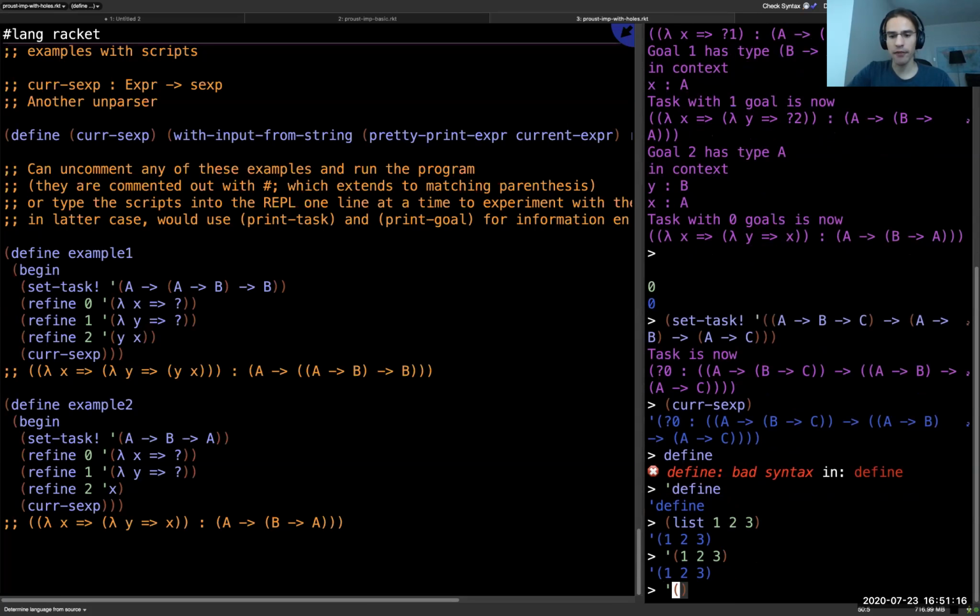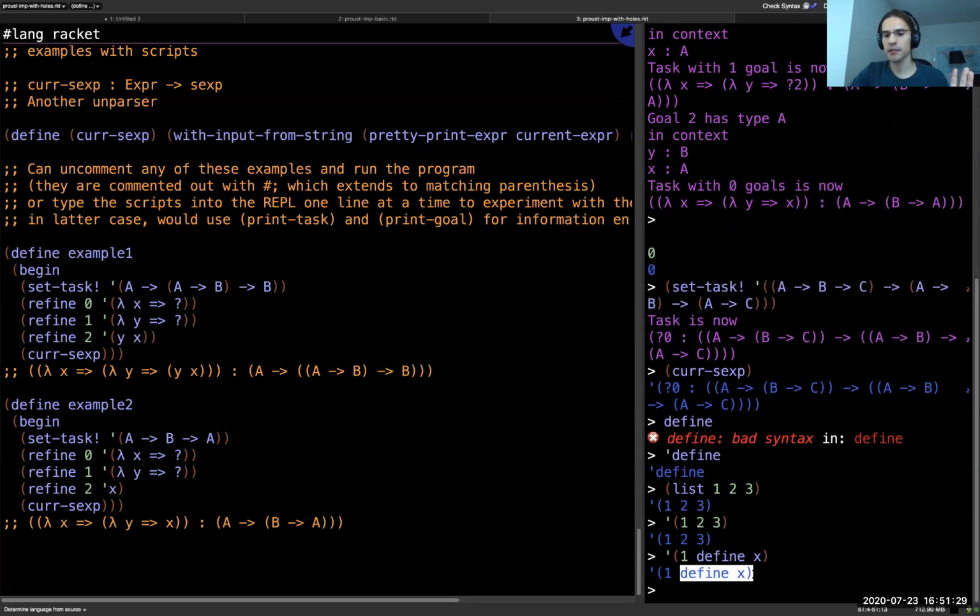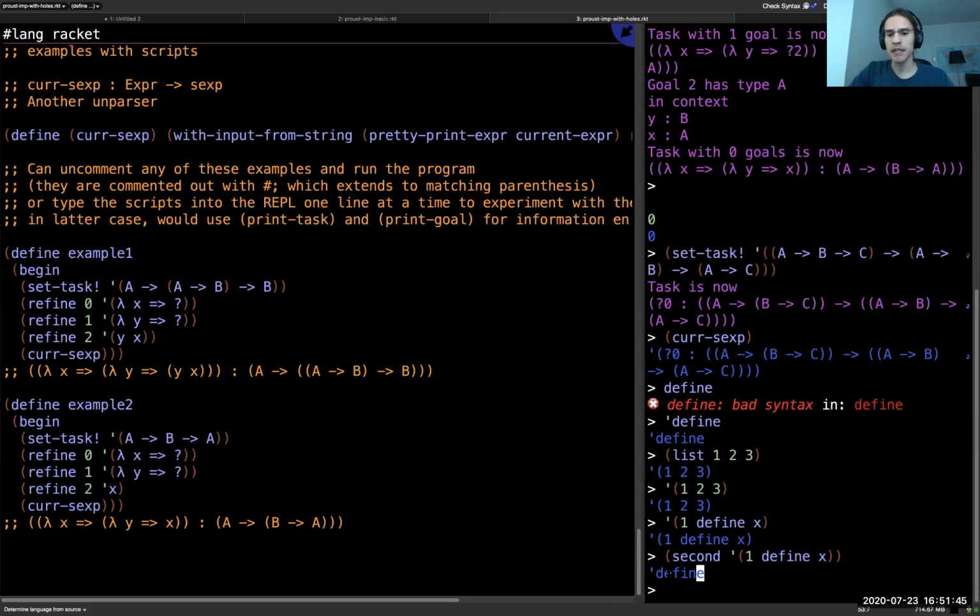And if your lists have names, which may have meanings, or names which are undefined, none of that is scary because a quote will just render the names as meaningless symbols. This is a list. So for example, you can access the second element of the list. Second is a function in Racket. And if you access the second element of this list, it's just the meaningless symbol define. So that's what quote does.